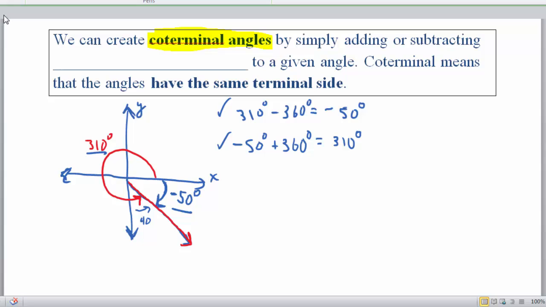How can you create coterminal angles? You simply add or subtract 360 degrees, of course, if it's in degrees, or if it's in radians, you add or subtract 2 pi radians. Okay?